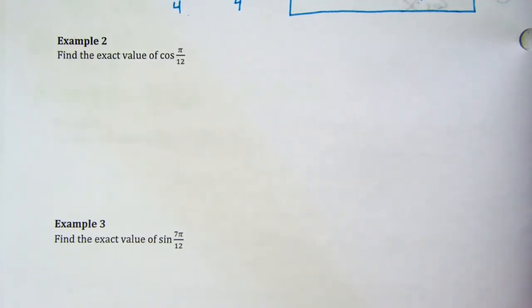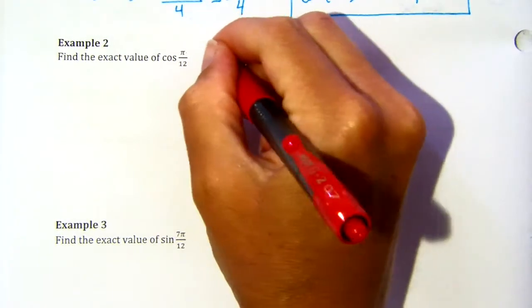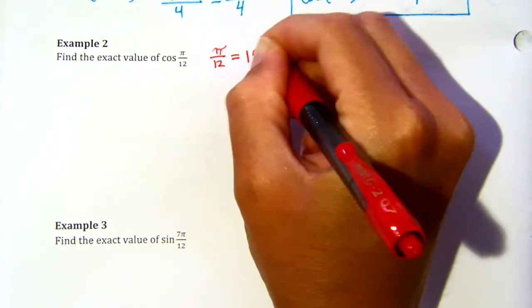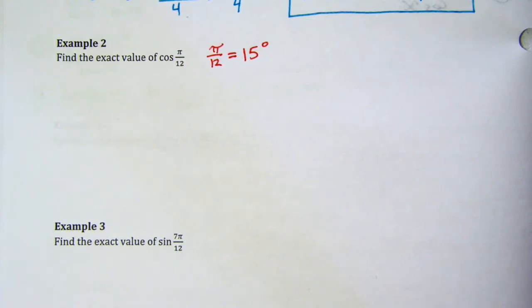Example number 2. Here we want to find the exact value of the cosine of pi over 12. Since we are more fond of working with degrees, let's determine that pi over 12 is equivalent to 15 degrees. We need to find the exact value for 15 degrees. We need to think of two angles that, when added or subtracted, would give us 15.